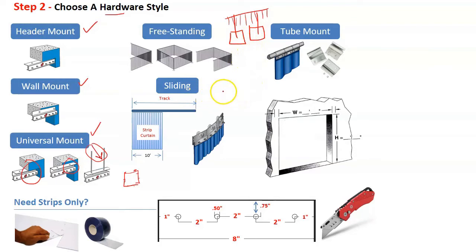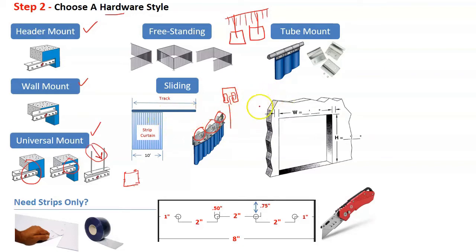The next style is a sliding mount. The way a sliding mount works is you have the track like so, and then you have roller hooks inside of here, and they come down, and your strip curtains are attached to this. So you can see here the rollers, and this will roll side to side.